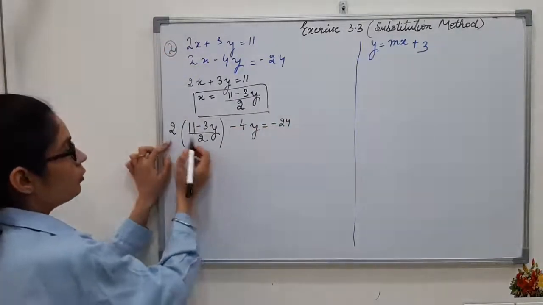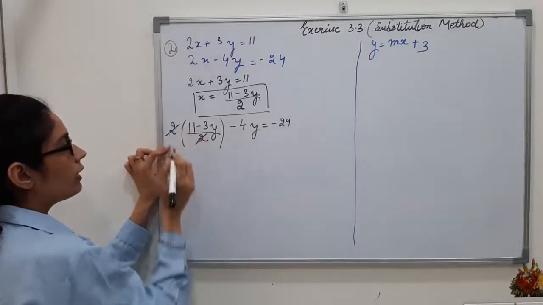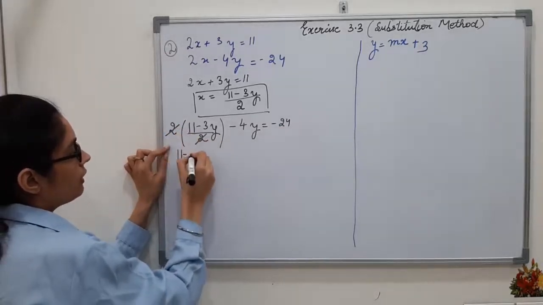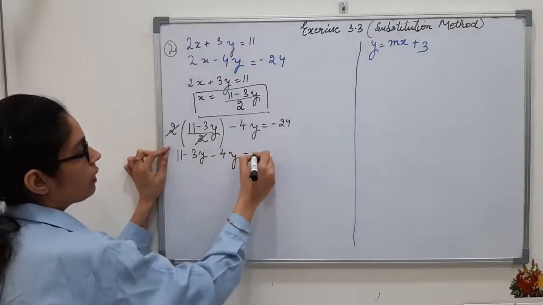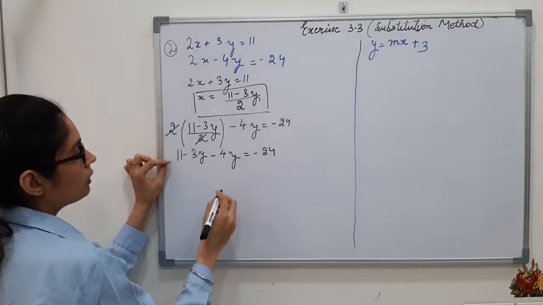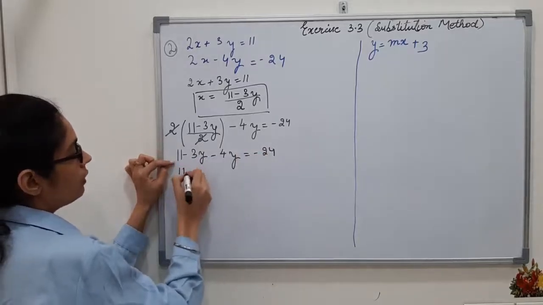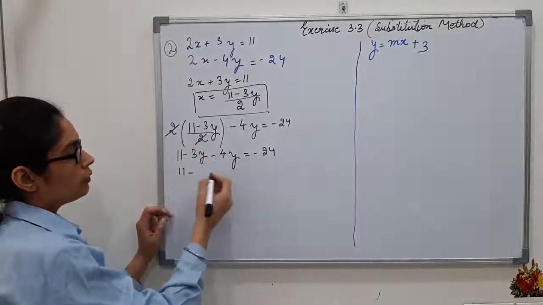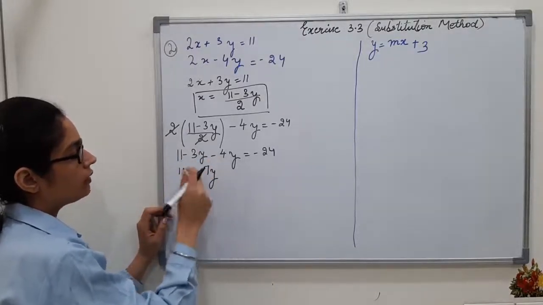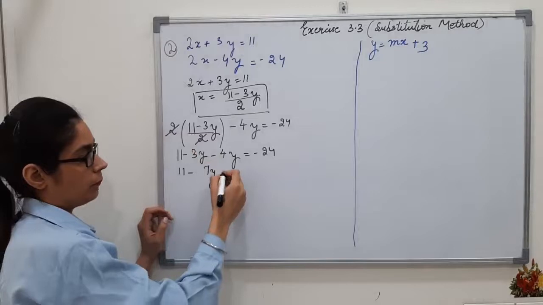This 2 and this 2 will get cancelled. I am left with 11 minus 3y minus 4y is equals to minus 24. Minus and minus is plus, 3 plus 4, 7 with the sign of minus.